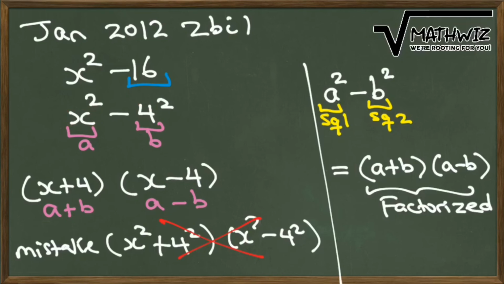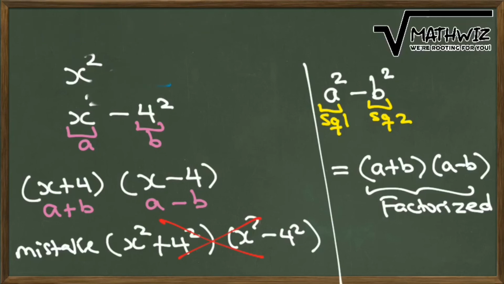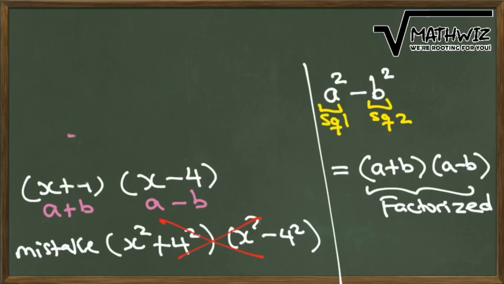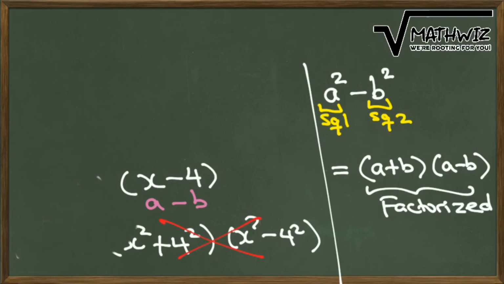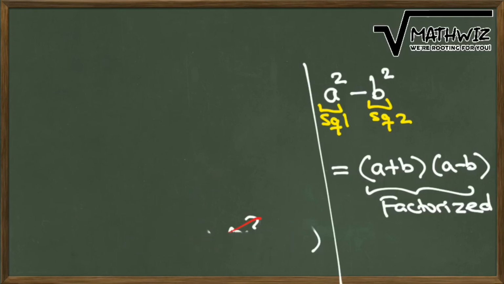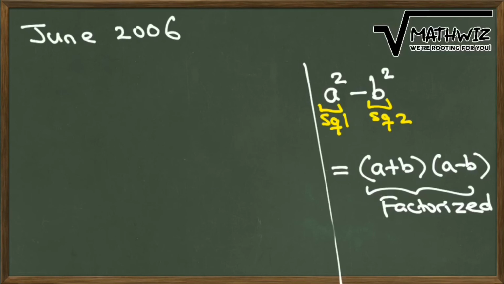And then for the final one for this video, we are going to look at the June 2006 question. We have x squared minus 81.